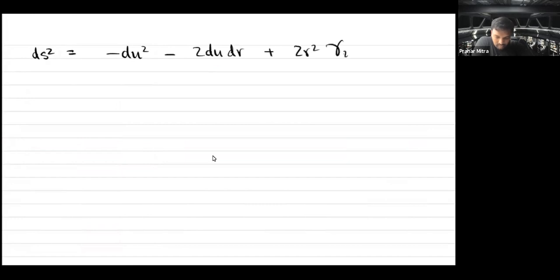Okay, so let me now talk about supertranslations quickly. What I told you before was that the general metric that I wrote down had the following asymptotic structure: minus du squared, and let me just write down the terms that are of interest to me.